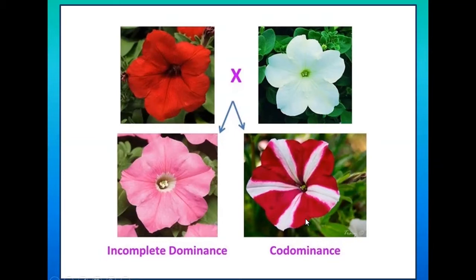Now for the second question, how dominant are the parental alleles to be expressed by their offspring? For incomplete dominance, neither allele in the pair, the red and the white, is dominant or recessive.